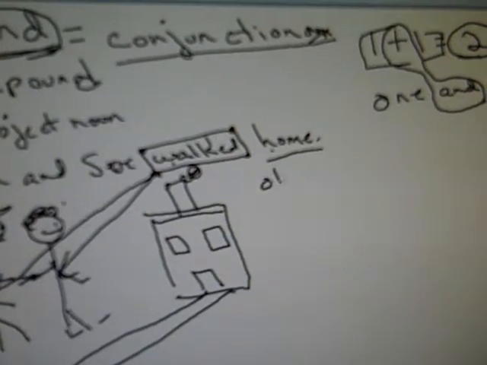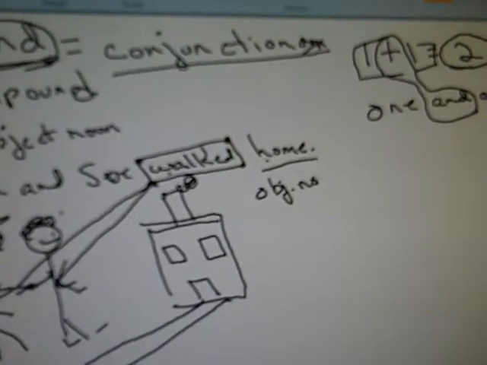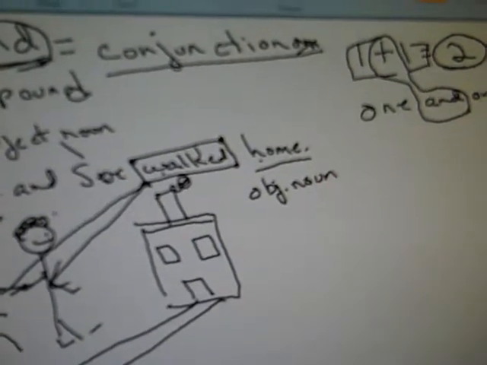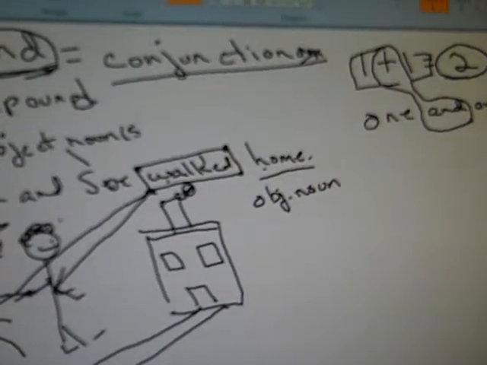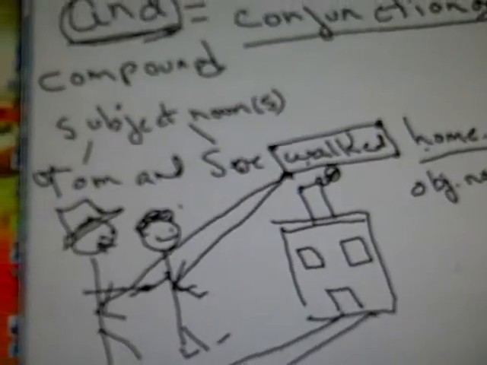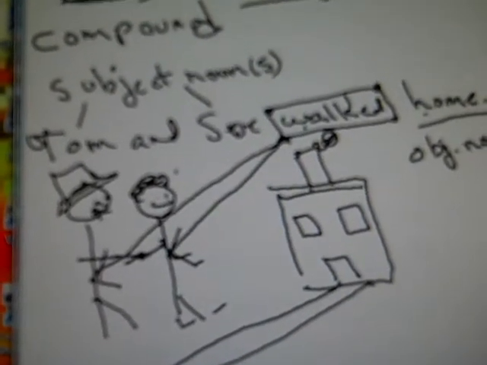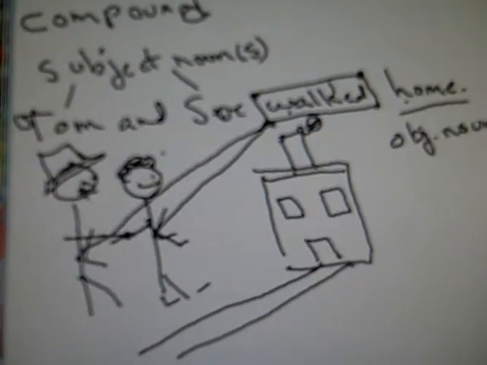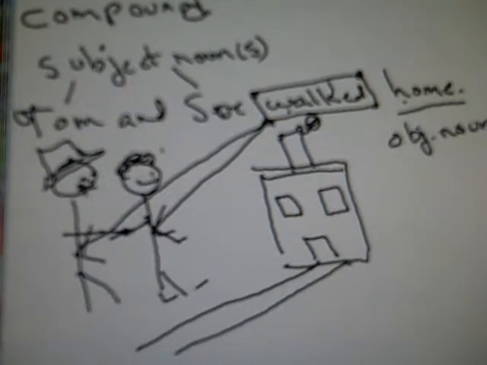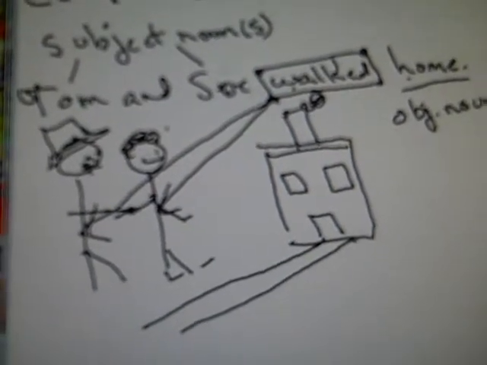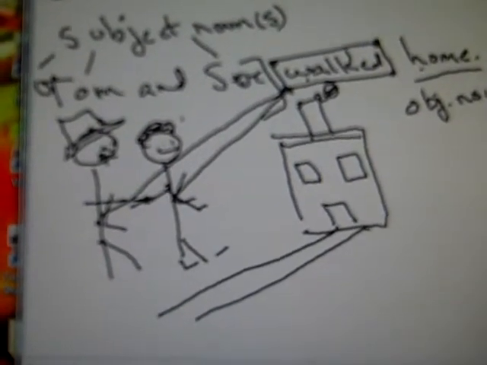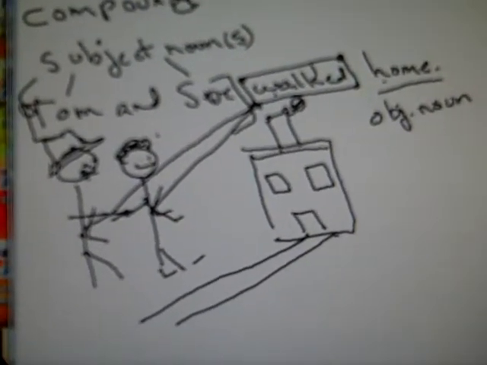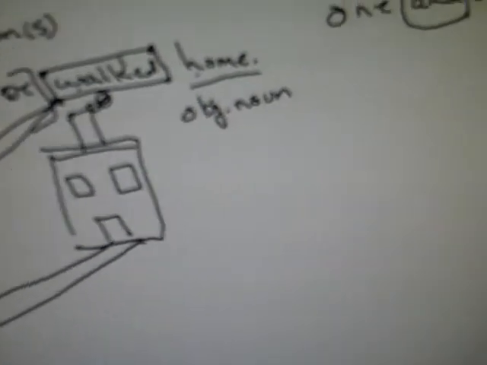Home has to be the object noun. And Tom and Sue together are subject nouns. It would be really silly if we said, Tom and Sue walked and walked home. So Tom and Sue get treated as one unit, literally becoming shoved together and one. Pretty funny.